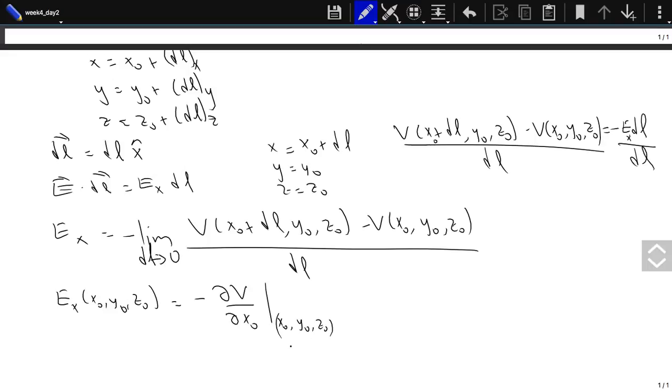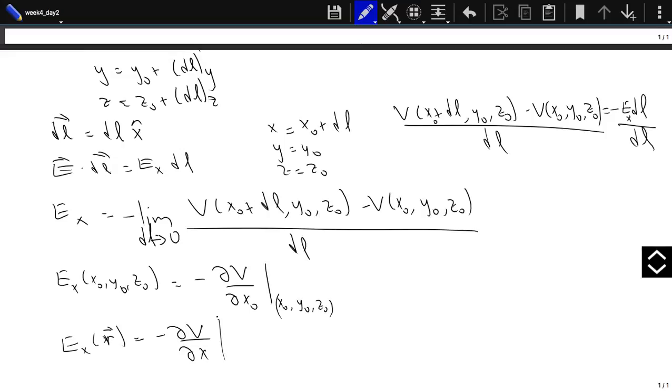Let me just drop these zeros. So the electric field at the point x, y, z is equal to minus the derivative of V with respect to x. Again, given the potential, you can obtain the electric field by just taking its derivative.